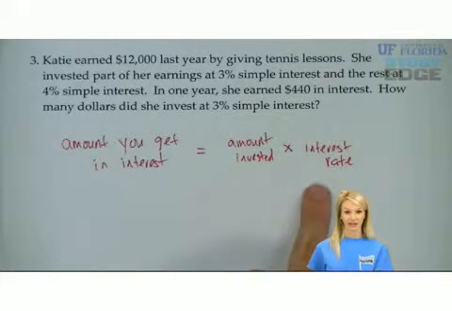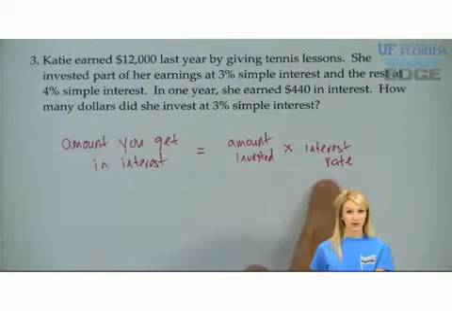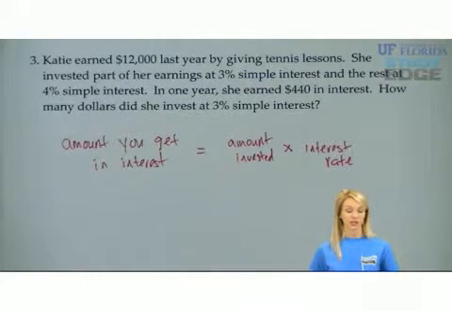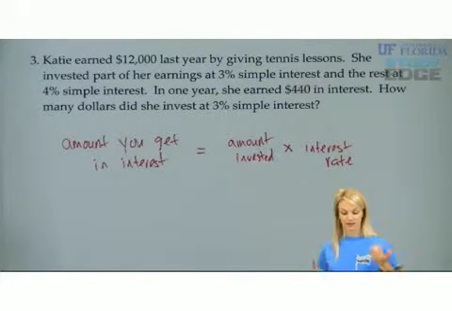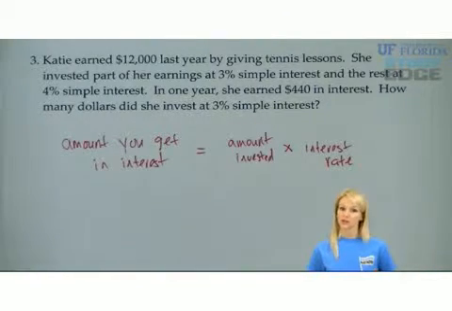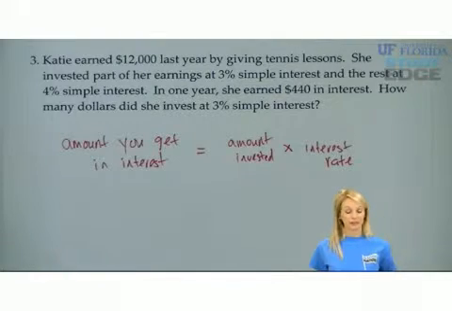So the higher your interest rate, well, you're multiplying by something bigger and bigger, the more money that you earn in interest. So if I invest $10 at 3% interest, I'm going to earn $3 in interest. That's just what simple interest means.